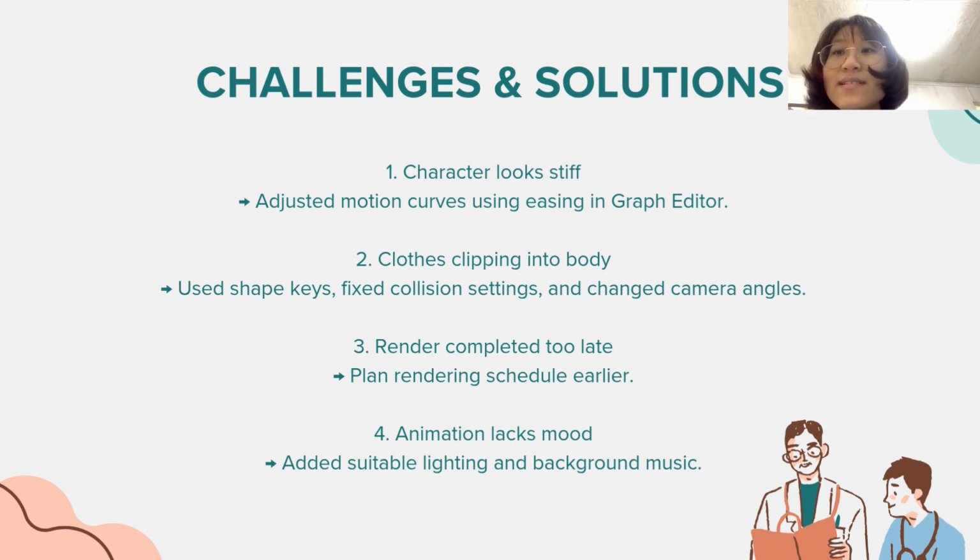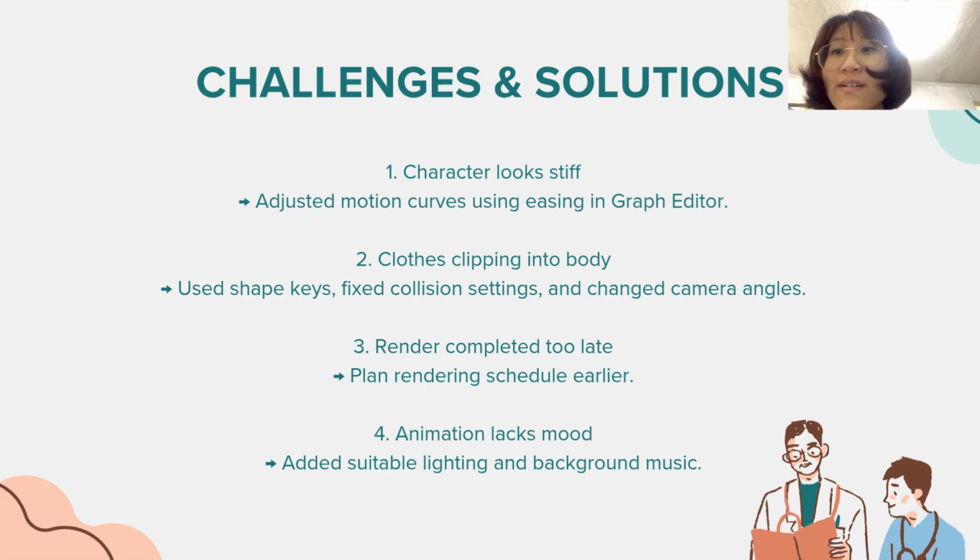The first challenge is the character looks stiff. The solution is to adjust motion curves using easing in the Graph Editor. The second challenge is clothes clipping into the body. The solution is to use shape keys, fix collision settings, and change camera angles.